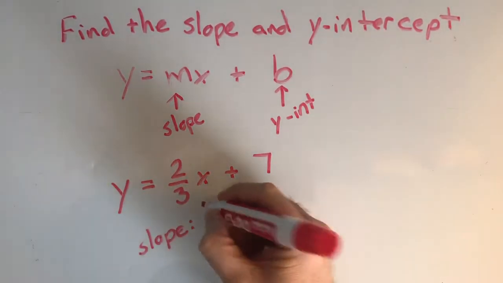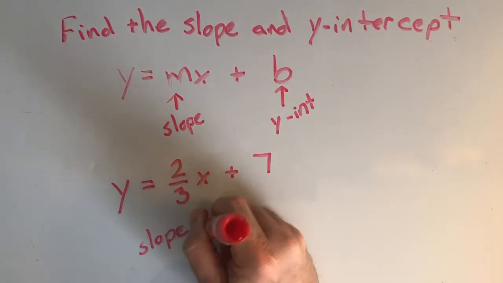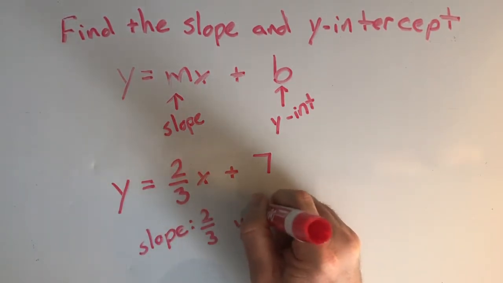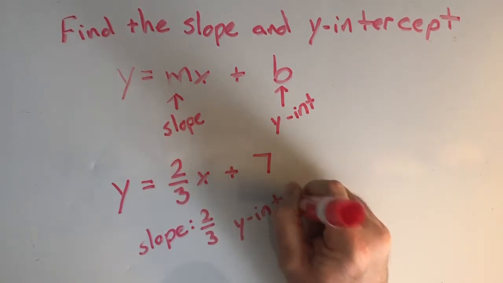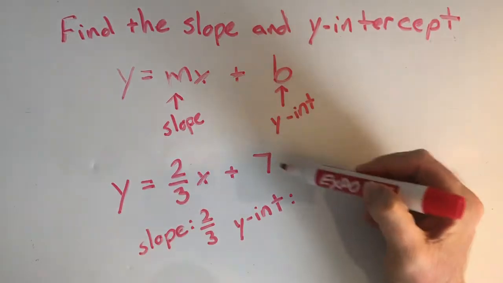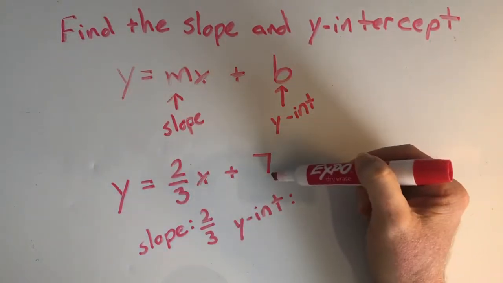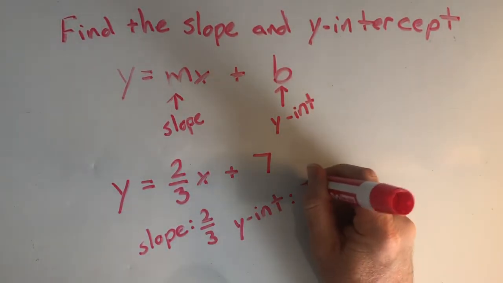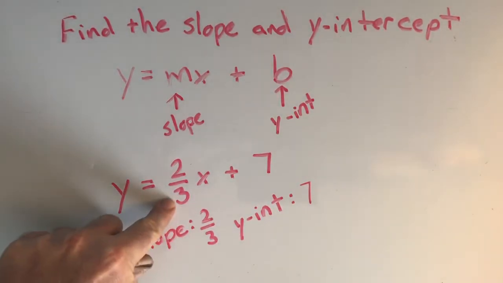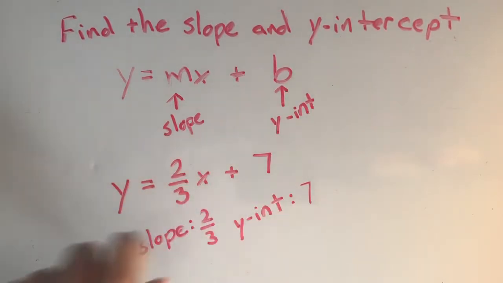So that's 2/3 for this one. And then the y-intercept is whatever is at the end of the equation, or whatever doesn't have an x multiplied by it. So in this case, the y-intercept is 7. All right, so the slope of this line is 2/3, and the y-intercept is 7.